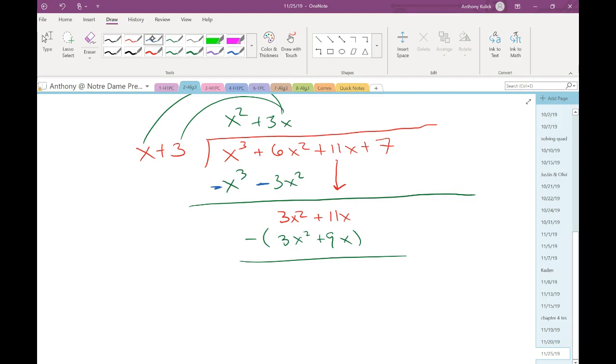I have to distribute my negative. So that's going to turn into a negative 3x squared and a negative 9x. 3x squared minus 3x squared is 0. 11x minus 9x is 2x. And then I'll bring the next term down.